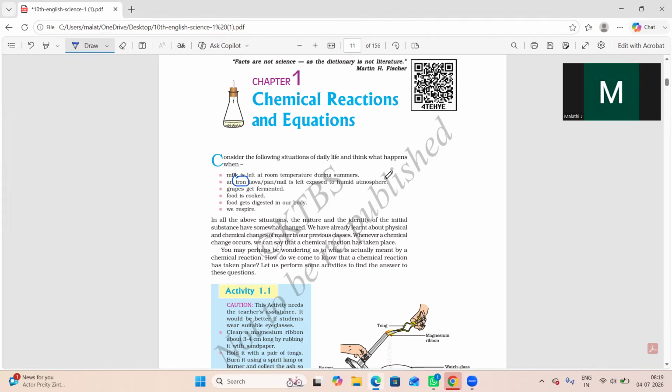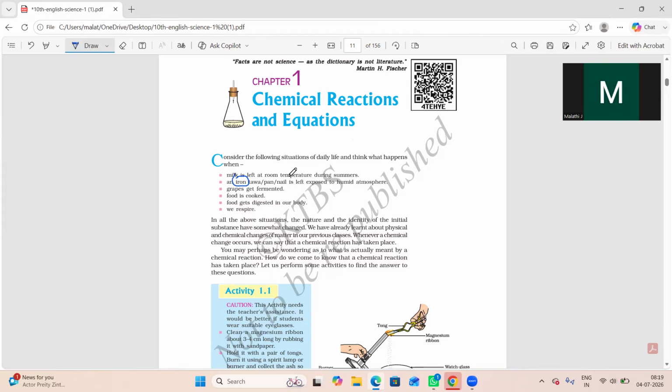That is a chemical reaction. We write chemical reactions in a simple, short way by equations, that is called chemical equations. A chemical equation is nothing but a short way of representing a chemical reaction.